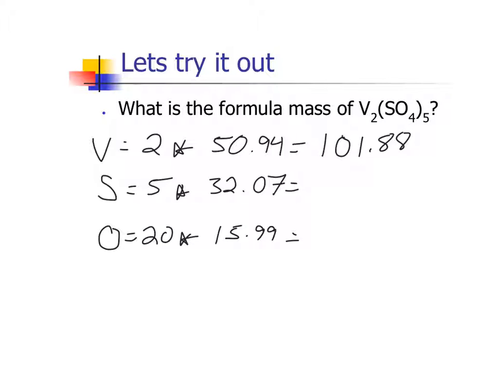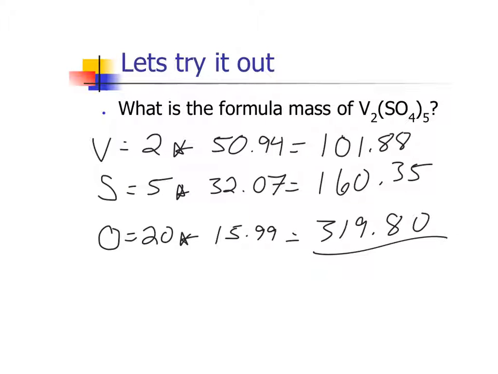And then 5 times 32.07 gives me 160.35, and then 20 times 15.99 will be 319.8.